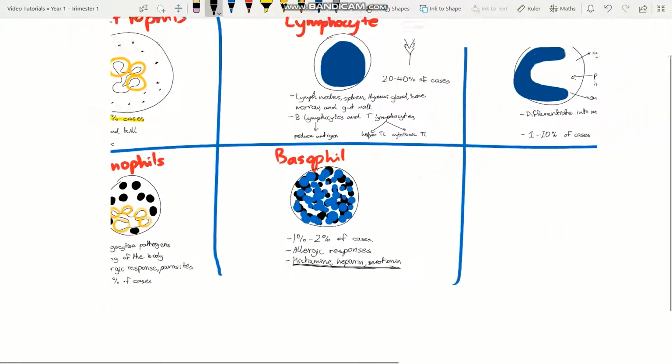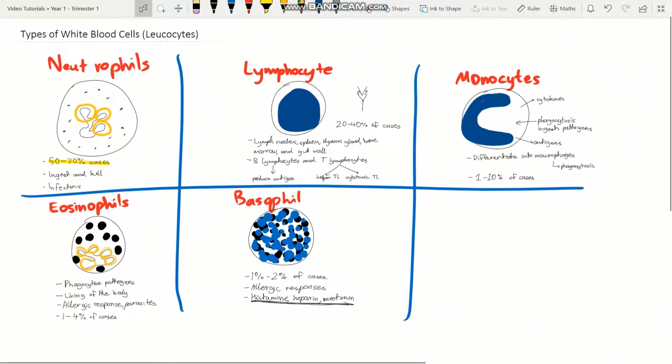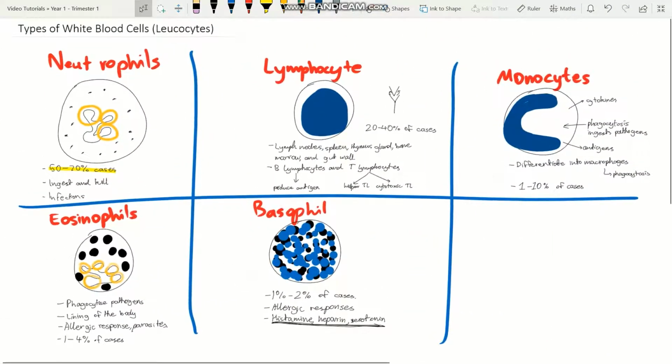Now, just to quickly go over all six leukocytes that we've gone through today. So firstly, we went through neutrophils. These were fine granule cells with a lobed nucleus and ingested bacteria and other pathogens in the face of infection. Lymphocytes had a very large nucleus. They were present in lymph nodes, spleen, thymus, and bone marrow, and also came in two main types, one producing antigens, one commanding cytotoxic T cells, and one actually being the cytotoxic T cell.